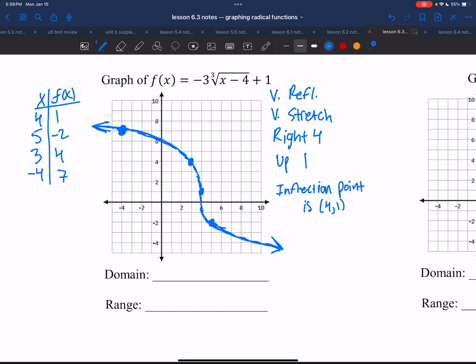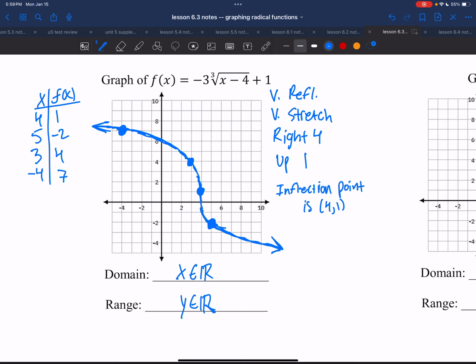All right, nice sketched curve. I've got 4 lovely points on there, and 12 comma something is on there, but our grid didn't go that far to the right, so that's okay. Domain and range, well, that's just all real numbers.